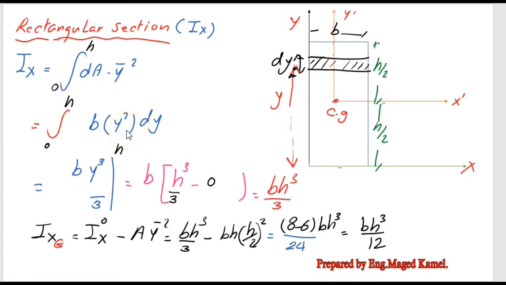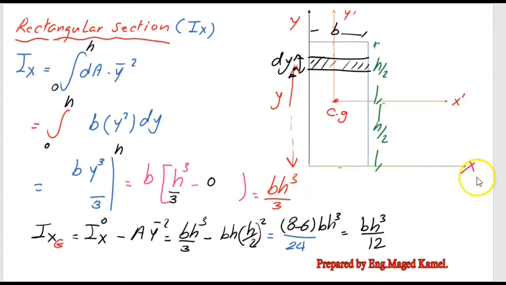The integration of y squared dy from 0 to h will be equal to y cubed over 3, and the substitution from 0 to h gives b, open brackets, h cubed over 3 minus 0 cubed, which is equal to 0. At the end, we find that Ix will be equal to b multiplied by h cubed, all divided by 3.